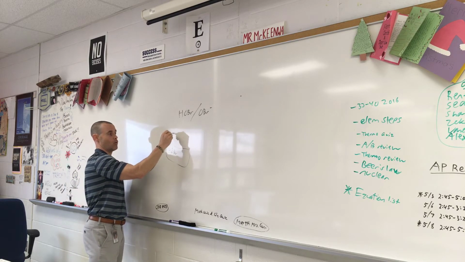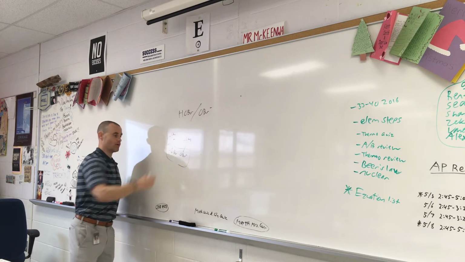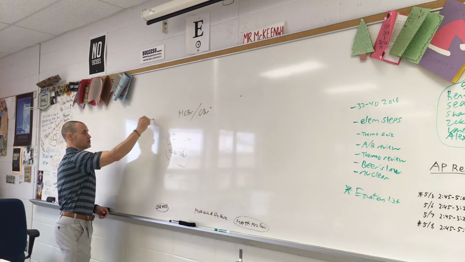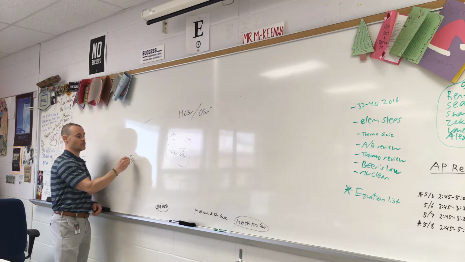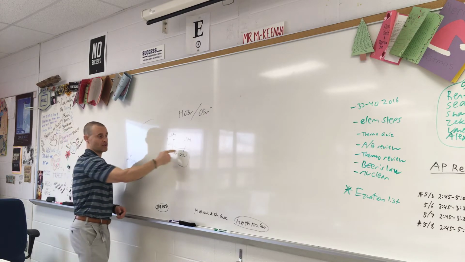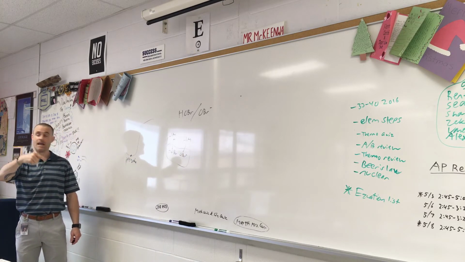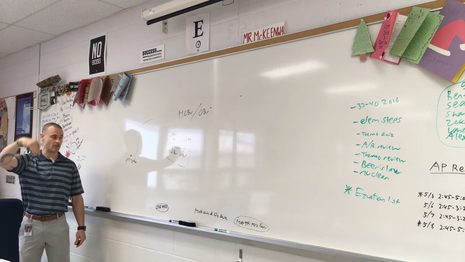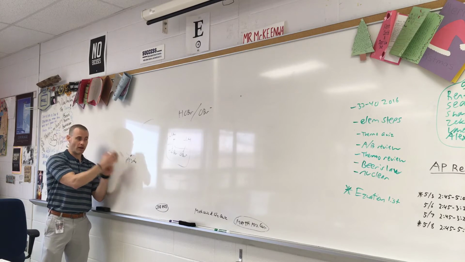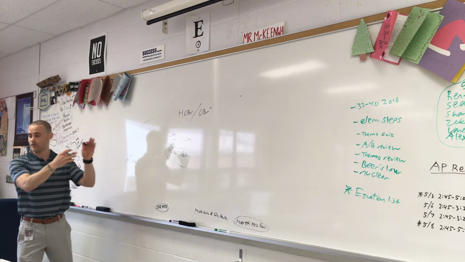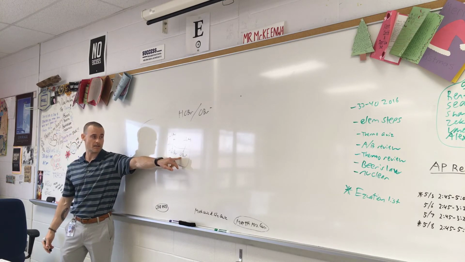So let's say this is 0.1 and then this is 0.1. That would be a perfect scenario, and when that is achieved and you're right here, halfway to the equivalence point, pH equals pKa, but only when these two are equal. That's because of the equation pH equals pKa plus the log of A minus over HA. Those cancel out, so you end up getting this. I know I went through that quickly, but that's the buffer concept. This reacts with bases that are added, this reacts with acids that are added.